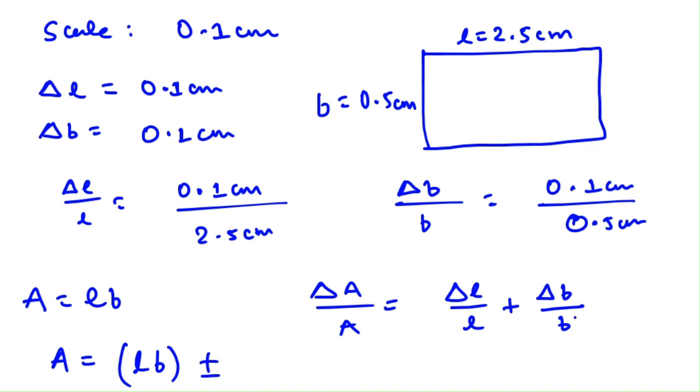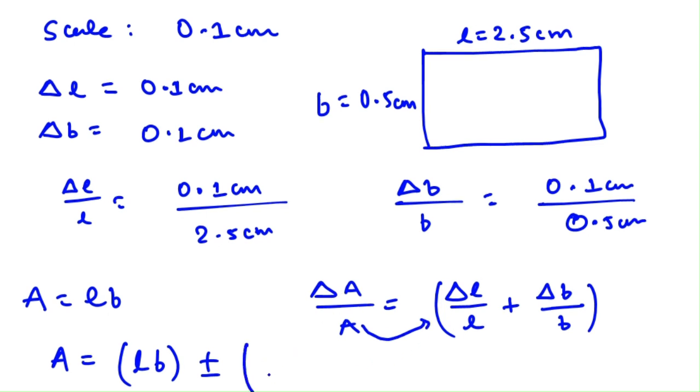this is relative. So if you want this delta A, you have to calculate this thing and then you have to multiply with A. Then you will get this thing. So here you have to write delta L by L plus delta B by B into A. This will be the reported value for area here. So the only thing you need to do is to put L and B values here everywhere to get the numerical figure.